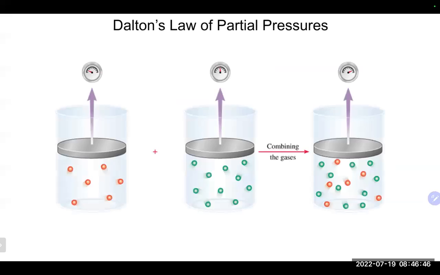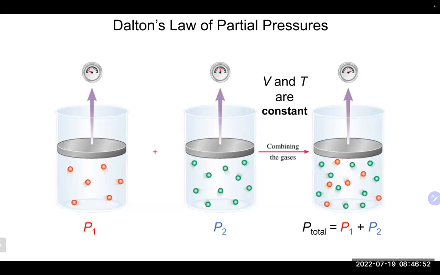All right, then the next thing we're going to talk about is the idea of Dalton's law of partial pressures, which sounds very complicated. Oftentimes when we have gases, they come to us as a mixture of different gases.